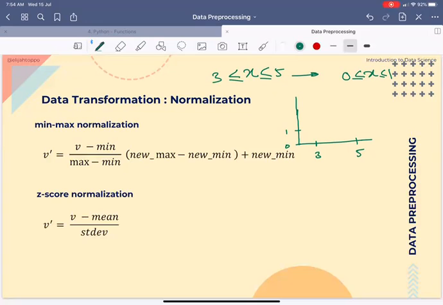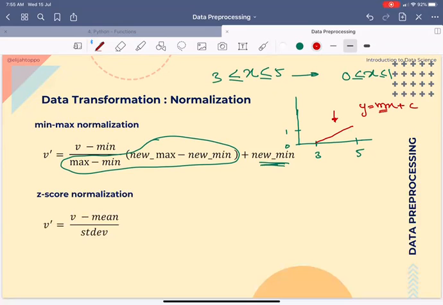Using this slope and intercept, I come out with the line that converts 3 to 5 to 0 to 1. This equation of the line comes from this formula. For this line, y is equal to mx plus c. I have m and I have c, so I have formed this line.